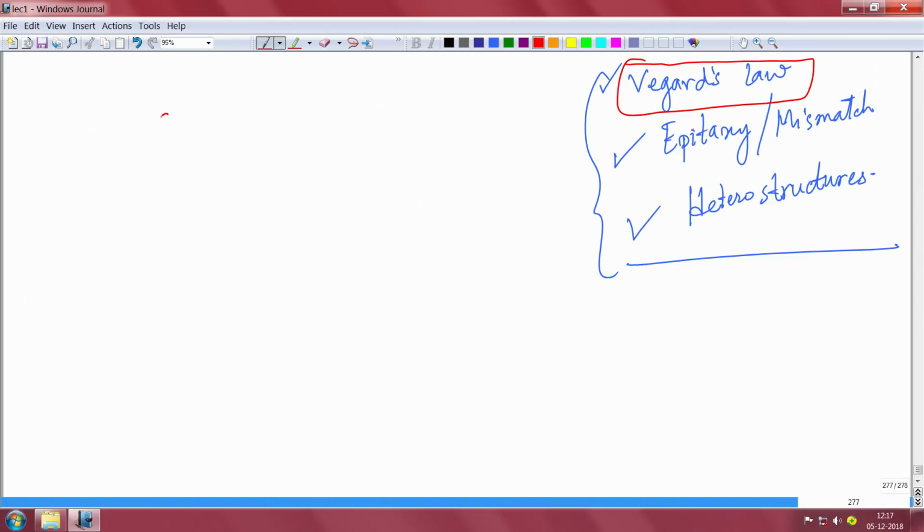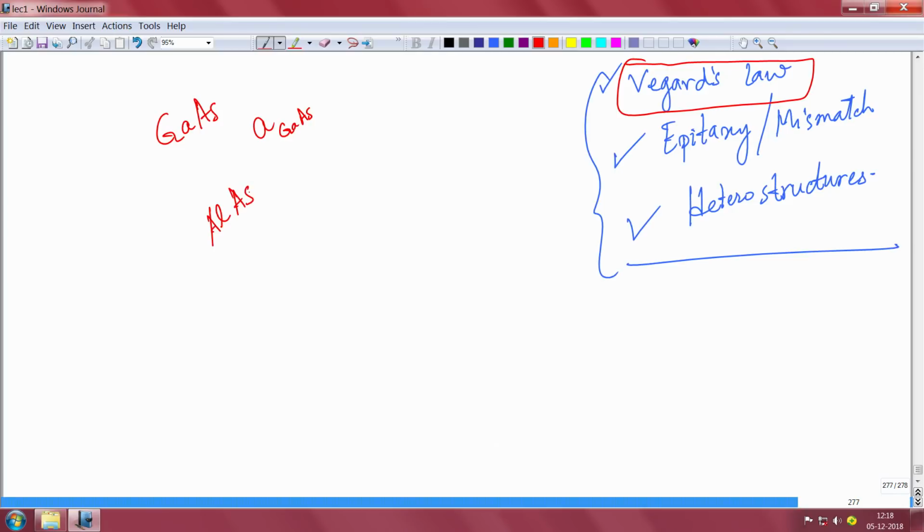Suppose you have gallium arsenide, and gallium arsenide has a lattice constant, a of gallium arsenide. It may be 5 angstrom, it may be 6 angstrom, I do not remember the exact value, but it may be a few angstroms. Now I have aluminum arsenide.